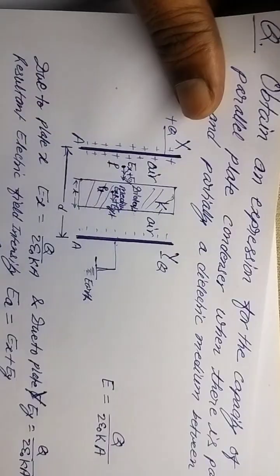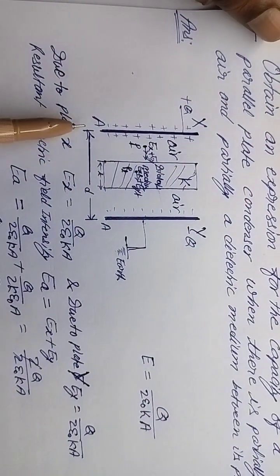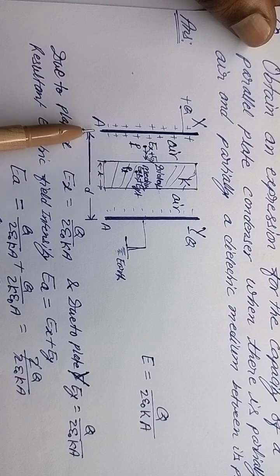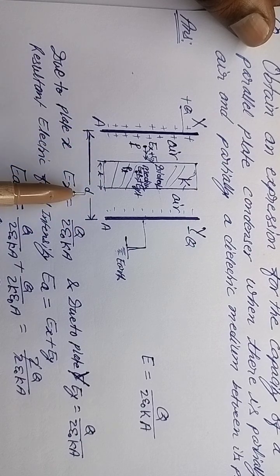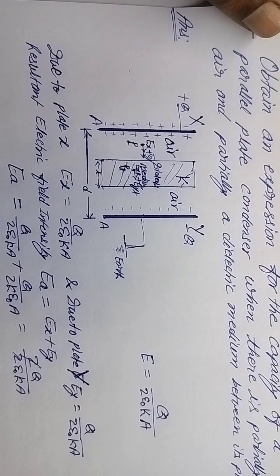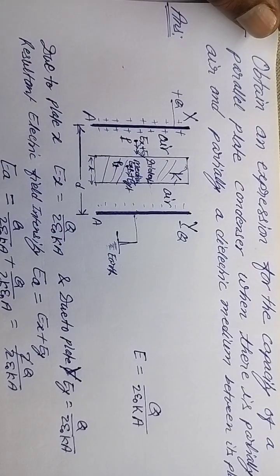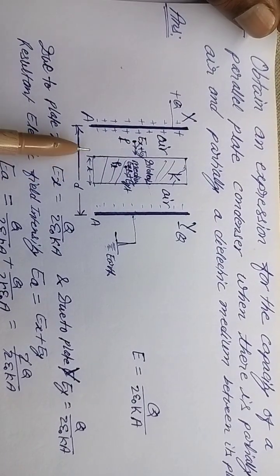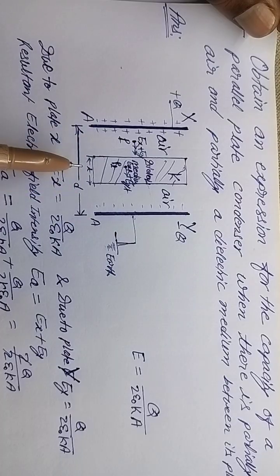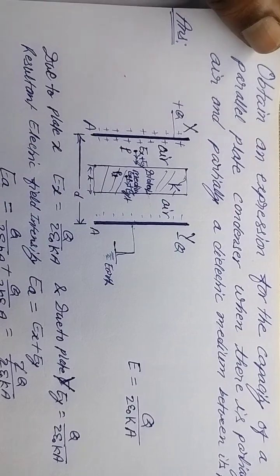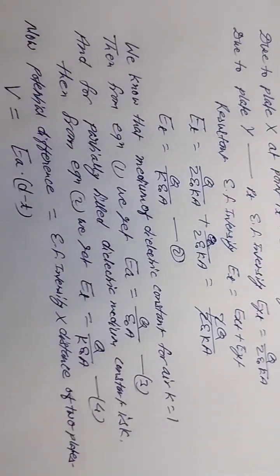Because look at the figure, the total distance from plate X to Y is d, so subtracting the distance t from d, the distance with air is d minus t.